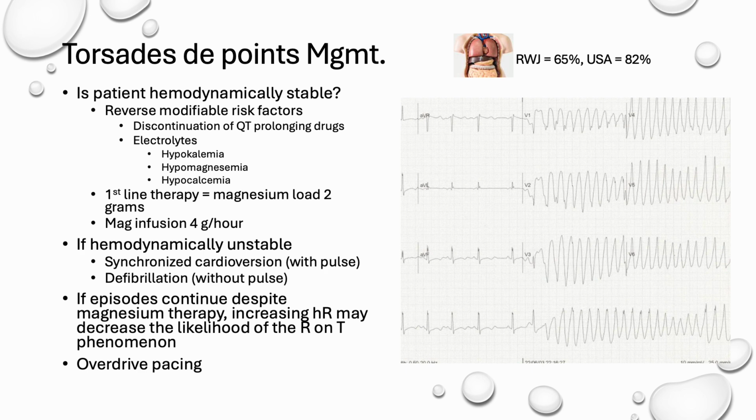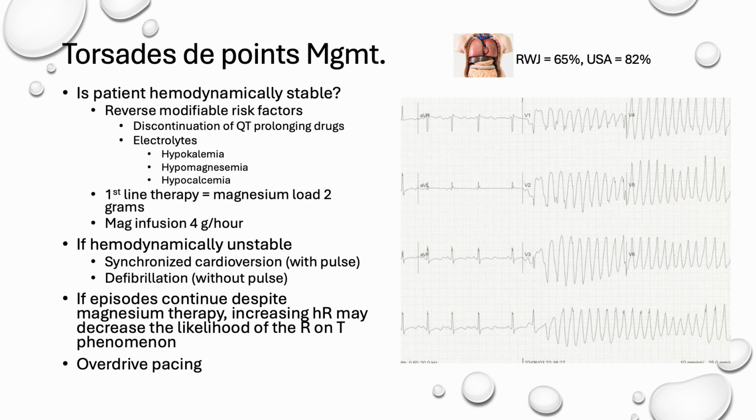Magnesium is the first-line medical therapy and should be given in both bolus and infusion forms. Now, if the patient is unstable, synchronized cardioversion can be used. This can, of course, only be used if the patient has a pulse. If the patient does not have a pulse, defibrillation should take place immediately, as well as following ACLS protocols.